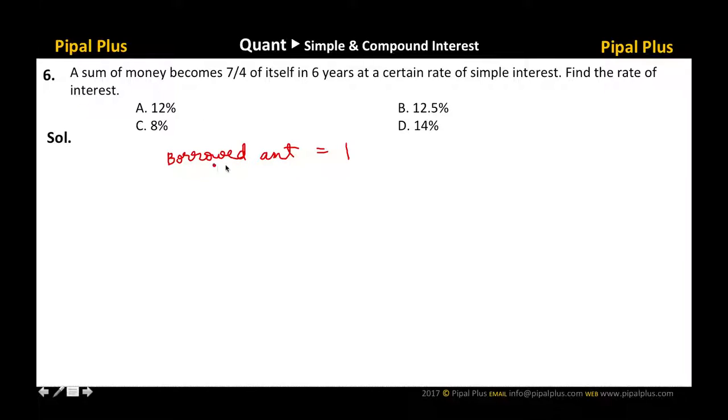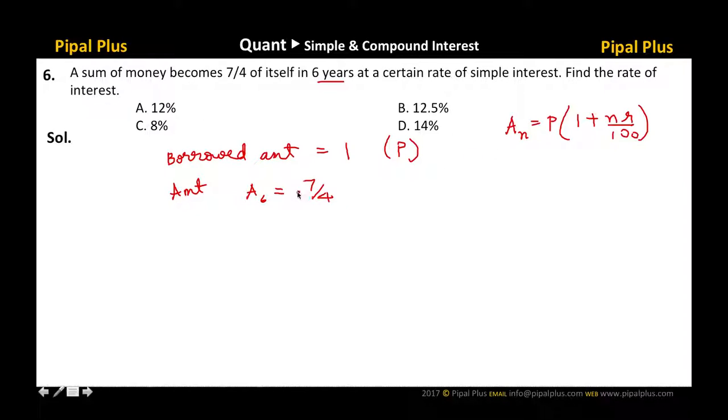Now if the amount borrowed was 1 rupee, which is the principal anyway, the amount due at the end of 6 years, or A6, really is 7 by 4 into 1. So rupees 7 by 4 is what is due at the end of 6 years. Now we know that in case of simple interest, the amount due at the end of n years equals the principal times 1 plus n into r percent. So we'll use this.